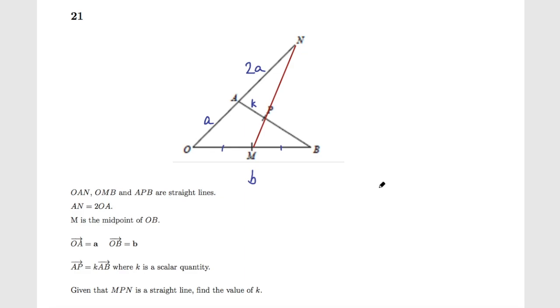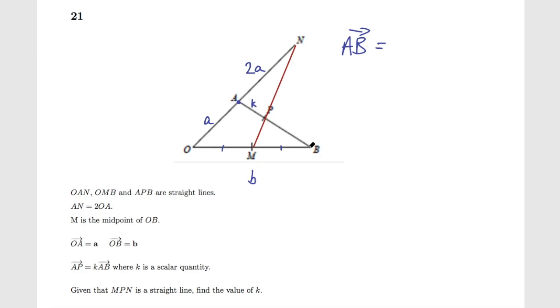But even if you weren't sure where this question is going, there are some clues in the question to allow you to make a start. Let me explain what those clues are. The first thing is that you're given the vector A and the vector B, and you're asked to find K. So what you could do to start off with is to relate K to the vectors A and B. Using the vectors A and B, we can find an equation for AB.